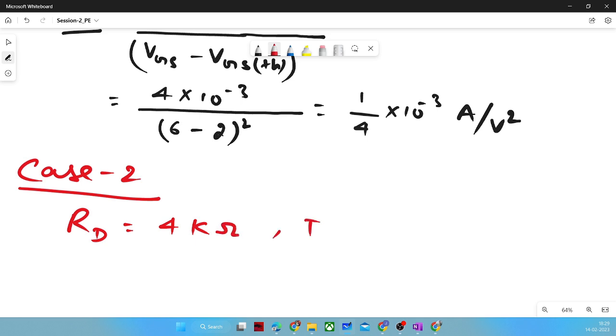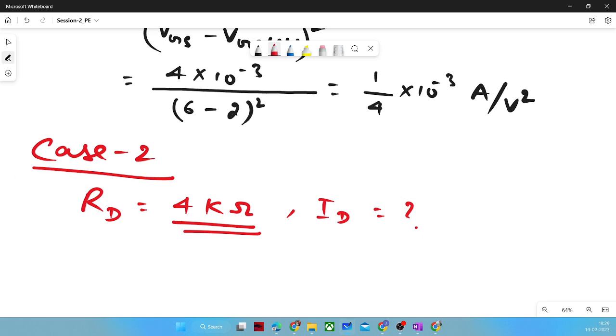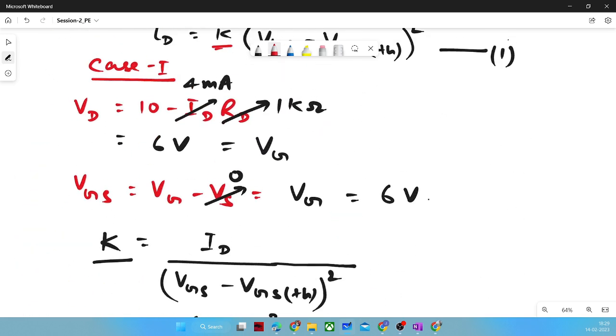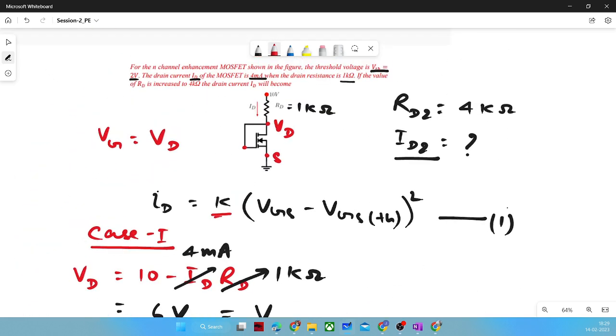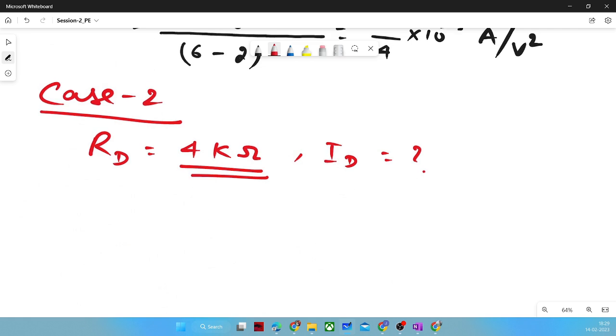And now we need to compute ID for this value of drain resistance. Now our VD will not be the same 6 volt that we computed, because this current will change and the drop across this RD will change, and that will change the value of VD. So that value we need to compute.